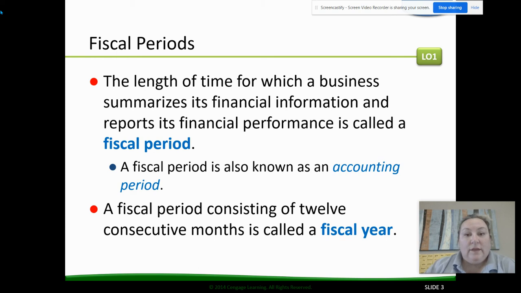So it all just depends on the business. When you guys are working on your final, you're probably just going to have a fiscal period of just 1 month. That's typical for a small business because you want to see how you're doing each month, because you want to make sure that you are making a profit each month.